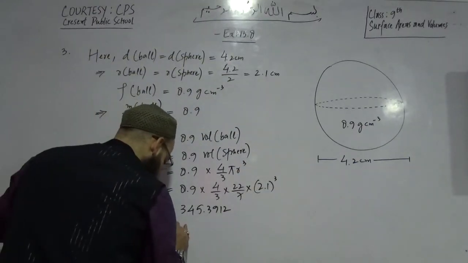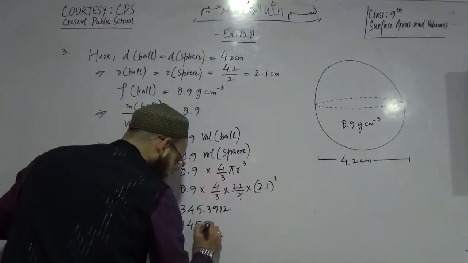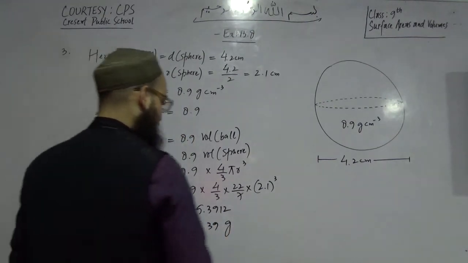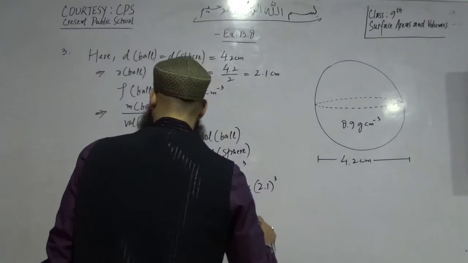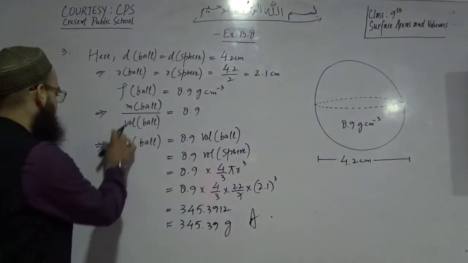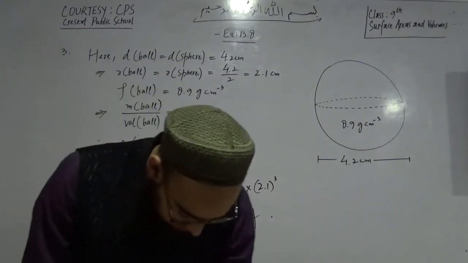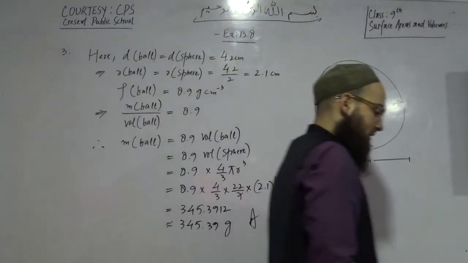Or you can say which is of the order 345.39 grams. Got it? And that's your answer. Therefore, mass of ball, because we were required to find the mass of ball. Make a note.